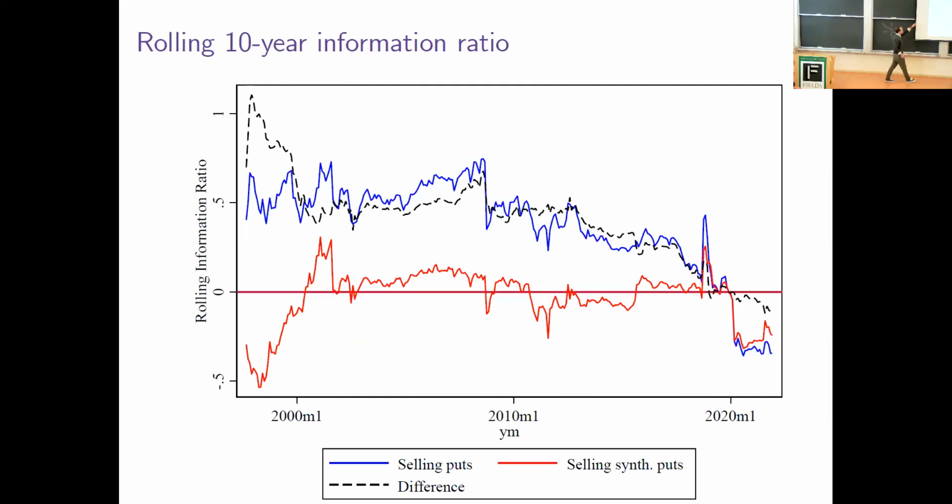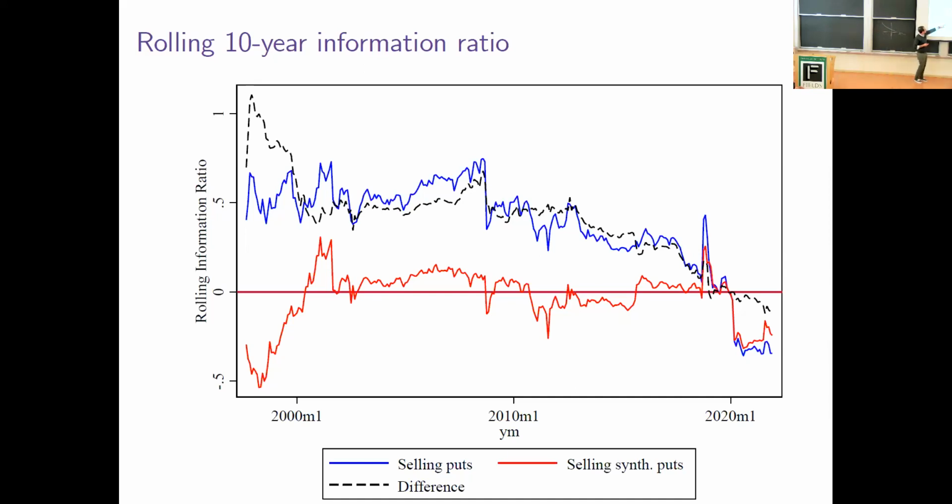So the blue line is the 10-year rolling information ratio from writing put options. It's an alpha divided by a volatility. That first point is for 1988 through 1998, right?